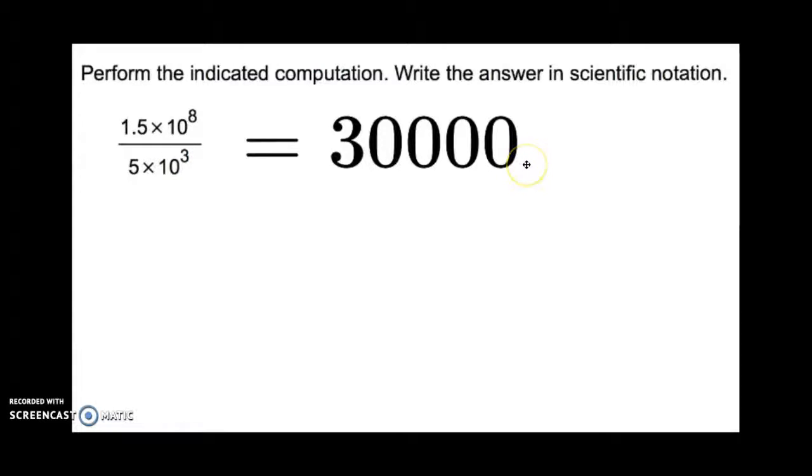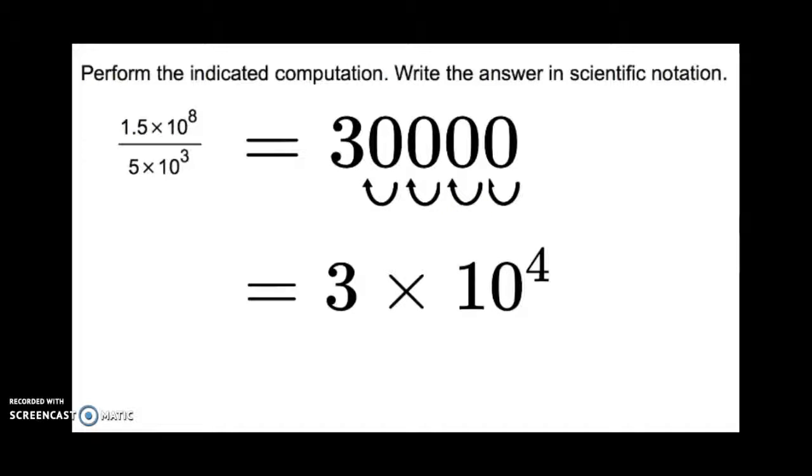So I have a decimal point here. I need to move it until I make this number between 1 and 10, because in scientific notation, the number is between 1 and 10. So I will go back 4 places, we count backwards 4, and I'll go down to 3. So when I go to the left, I have to add to the exponent, so it will be 3 times 10 to the positive 4.